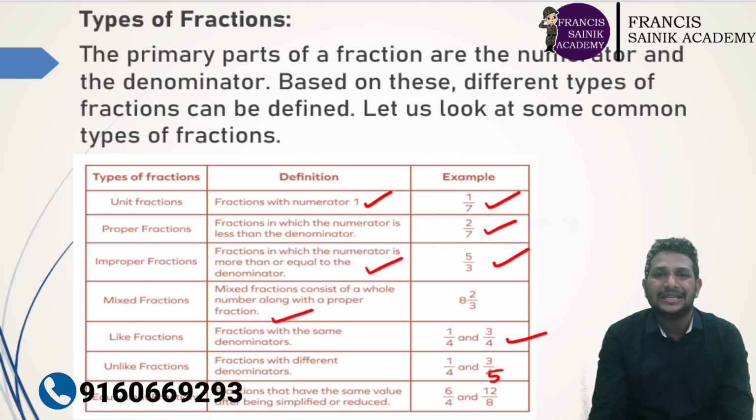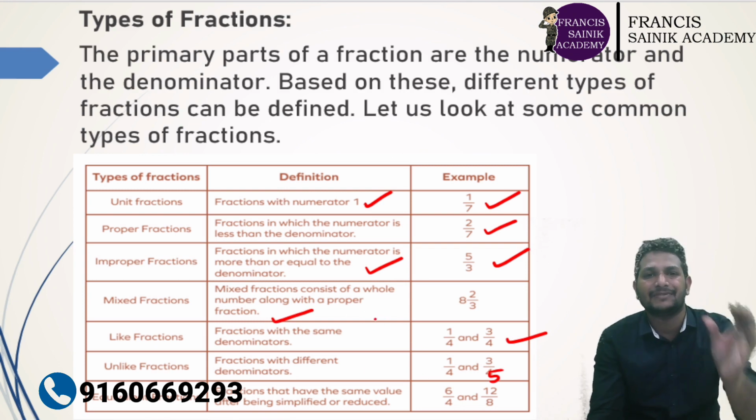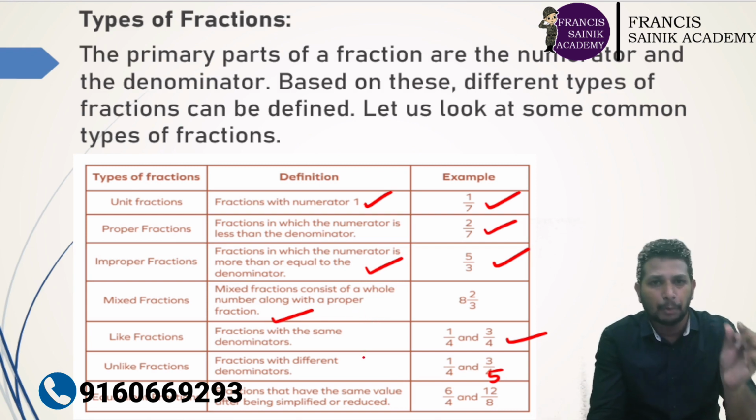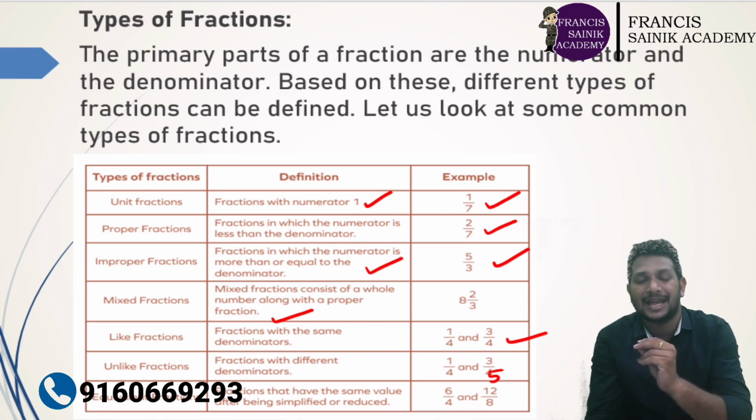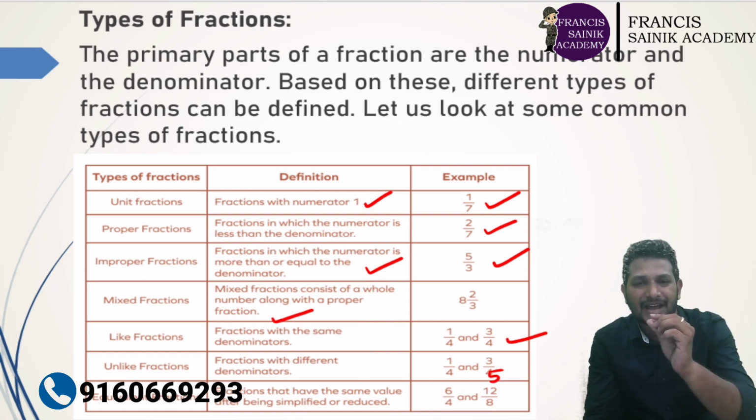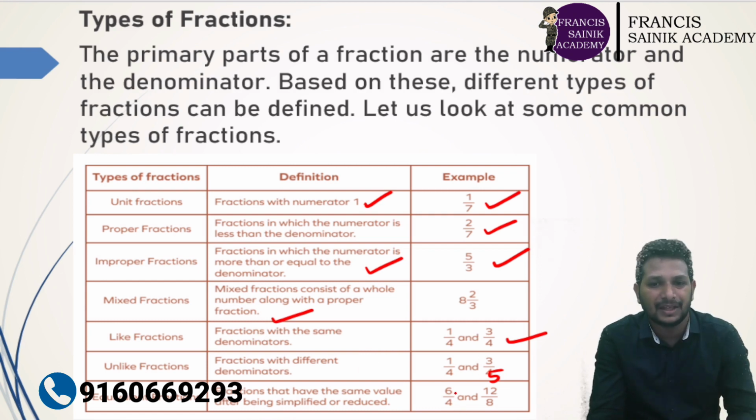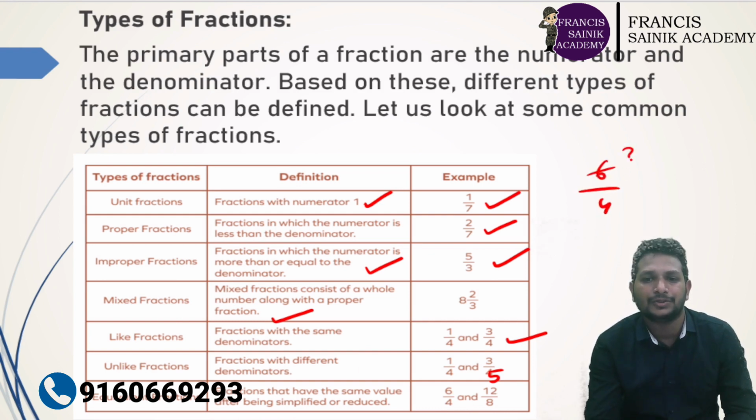Equivalent fractions. Whenever they mention equivalent, if I simplify both fractions to their simplest terms, as we discussed in ratios, both will be the same. Like 6 by 4. If I simplify, what do I get? 2 3s, 2 2s, 3 by 2.